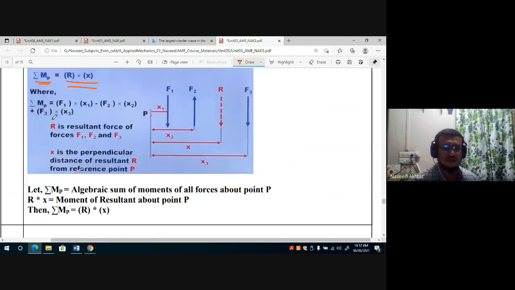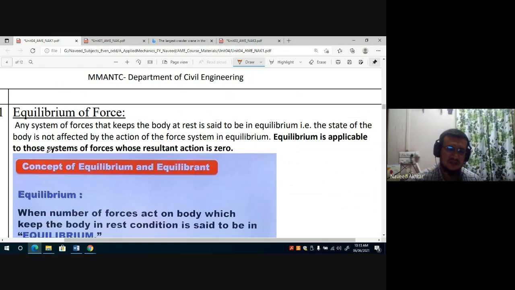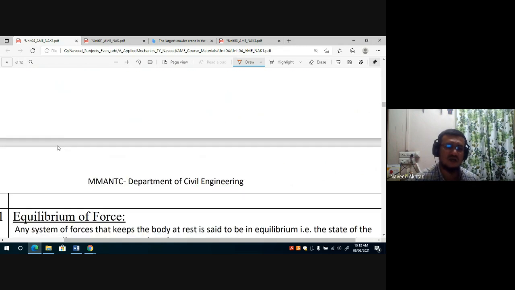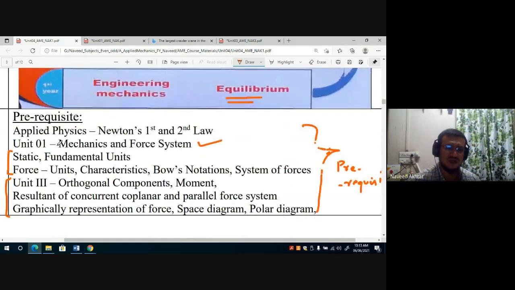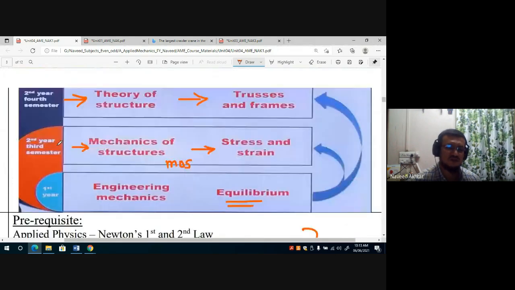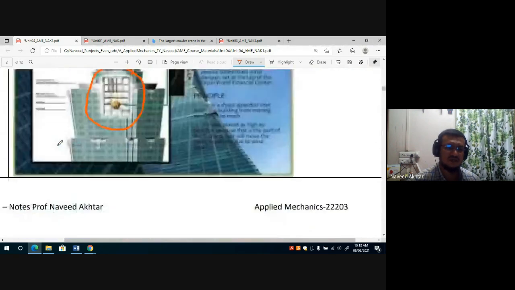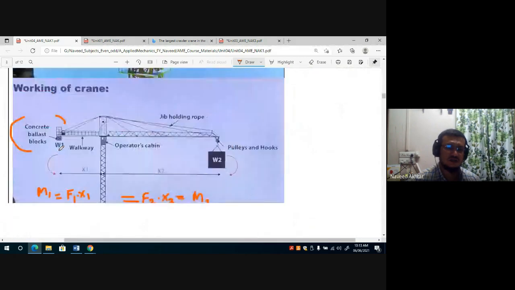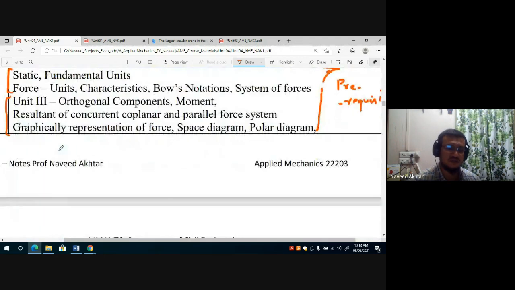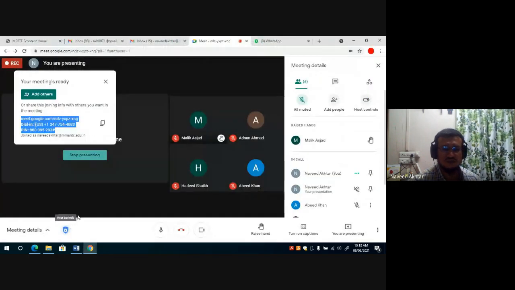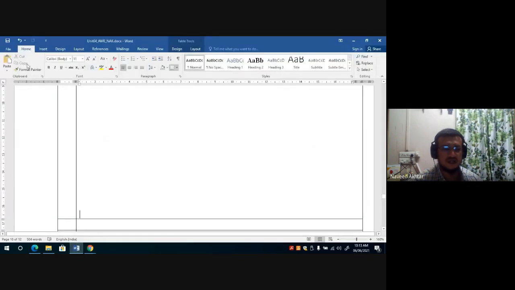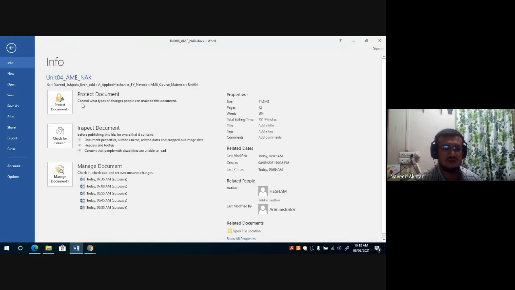All these things are the prerequisite for unit number 4, equilibrium of force, which we are going to study today itself. So we have taken the revision of unit number 1 and unit number 3 to learn unit number 4, that is the equilibrium of force.